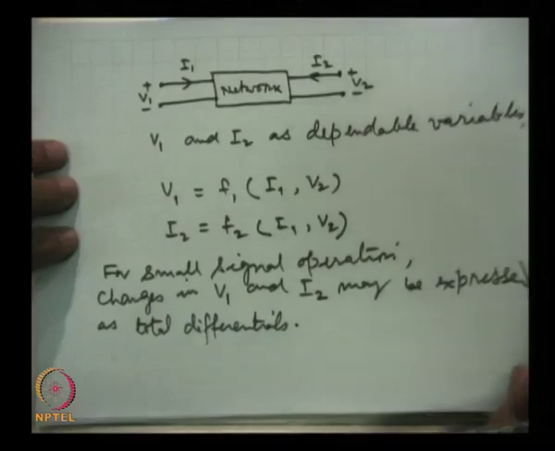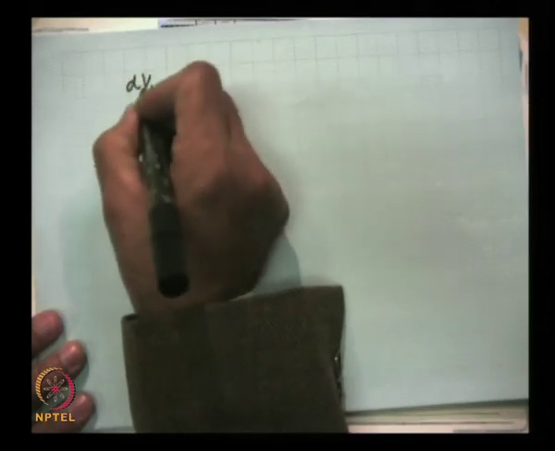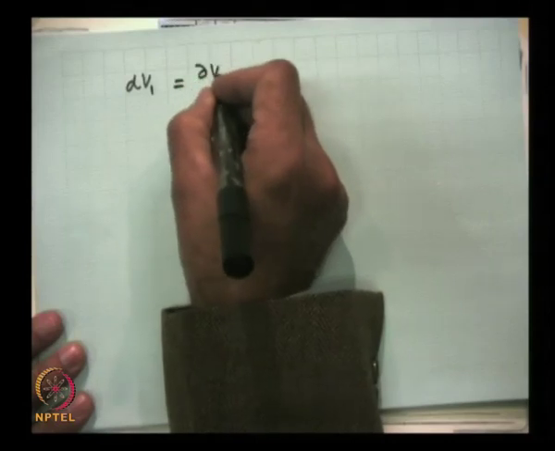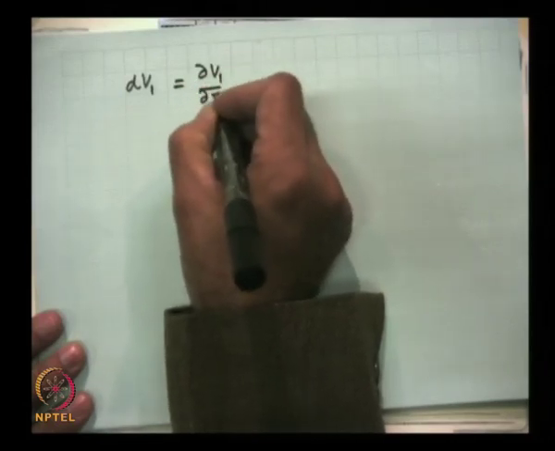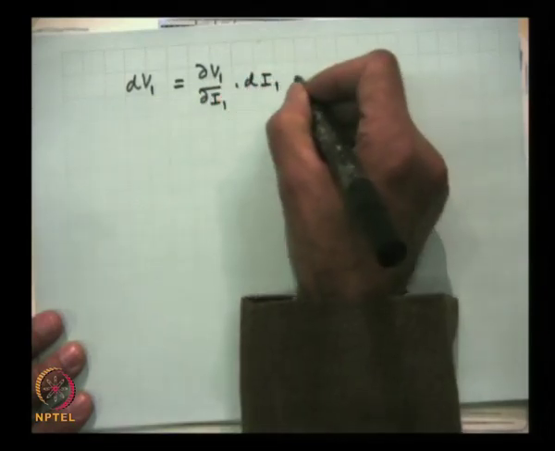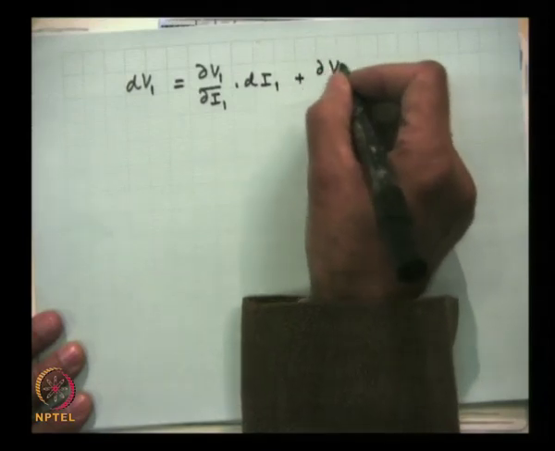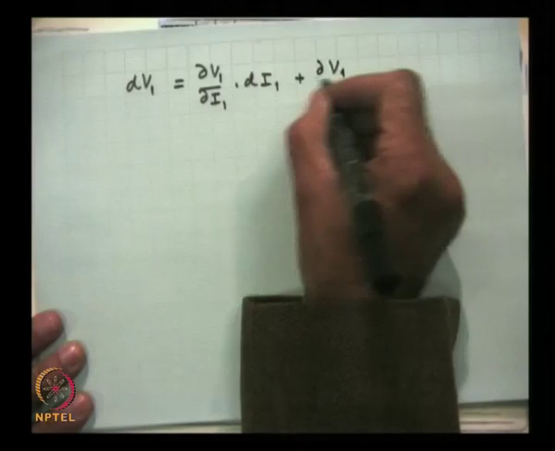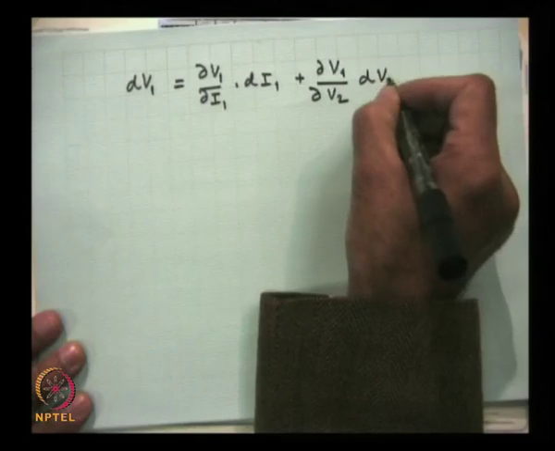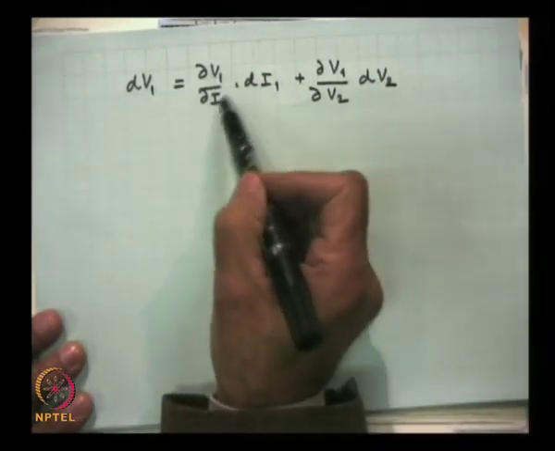And this is d V 1, the total change in V 1. This depends on this term, the first term.